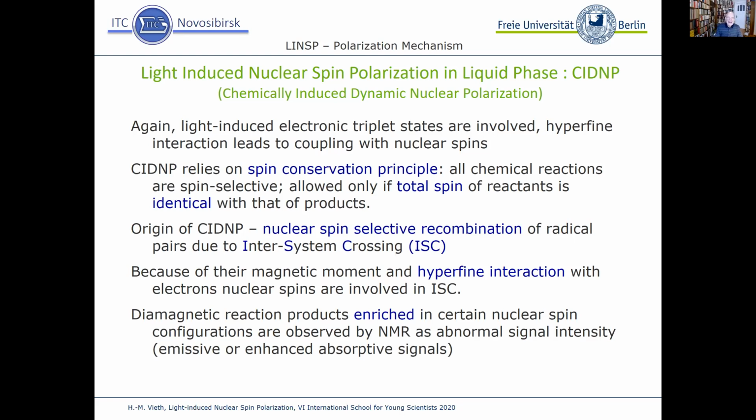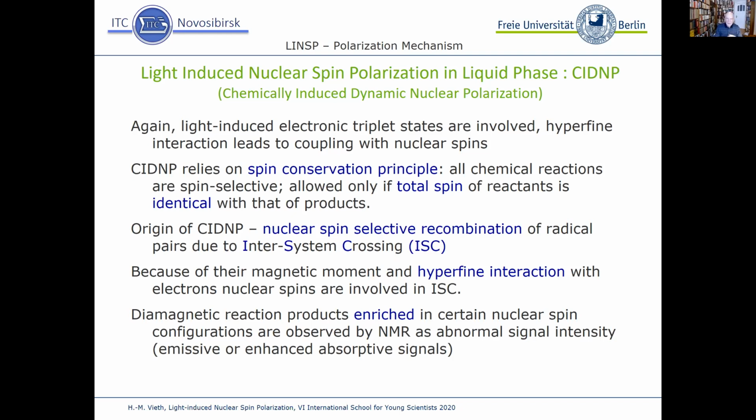So after these radical pairs end their reactions, after they go back to ground state molecules, the reaction products are enriched in certain nuclear spin configurations. You have some molecules with nuclear spins pointing parallel to the field and antiparallel.